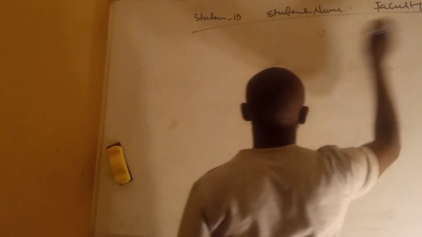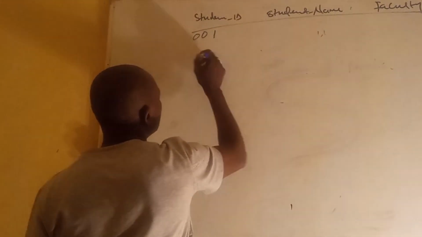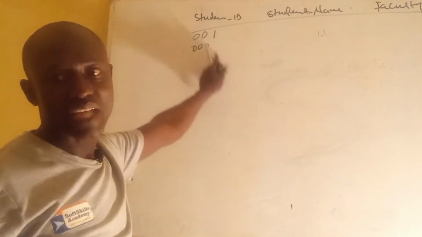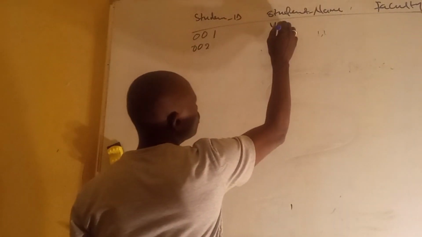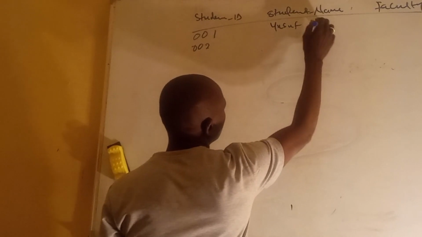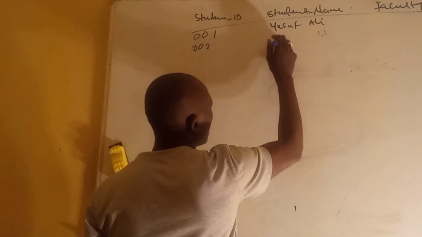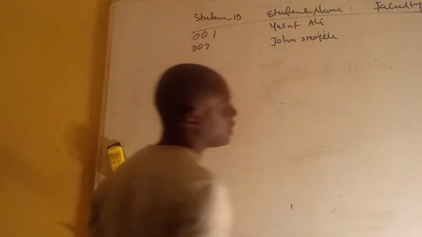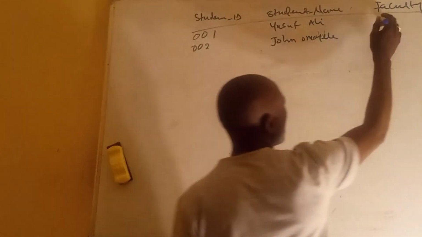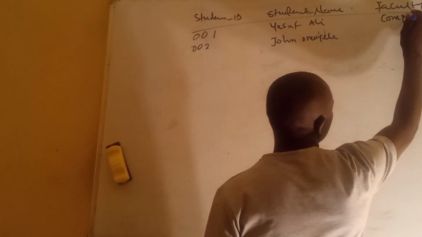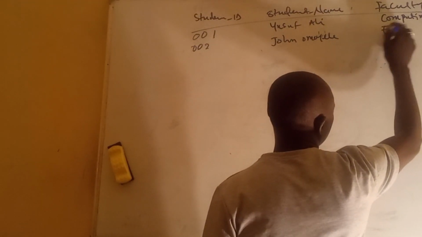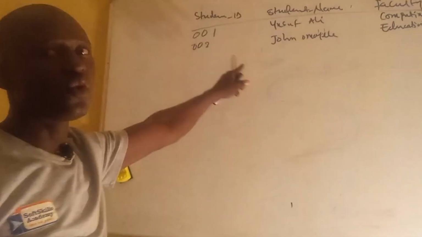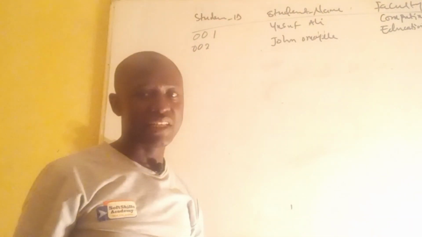So in this scenario, we have 001, 002 as student ID. And here we have Yusuf Ali as student name, and then we have John Omoele as name. So under the faculty, here we have computing, here we have education. So this is the table that we are going to look at in this example.